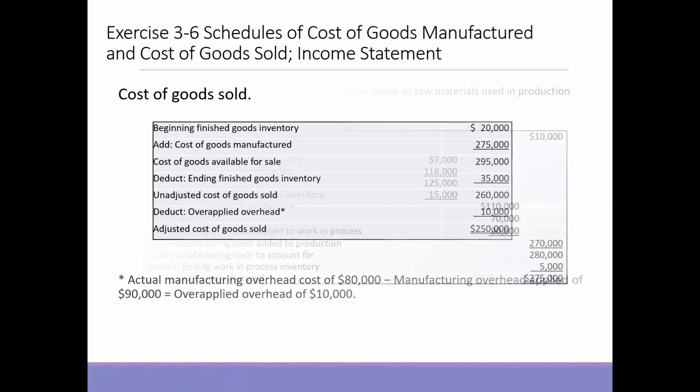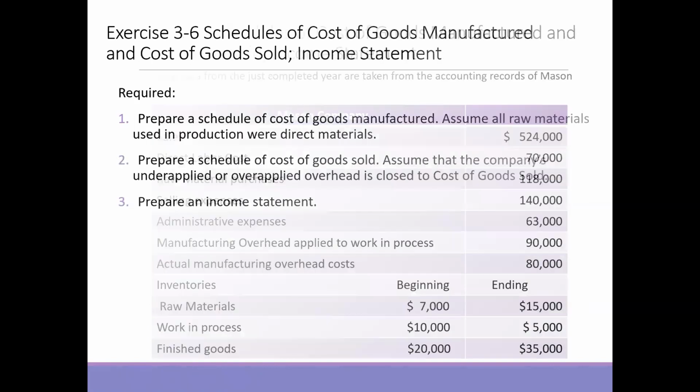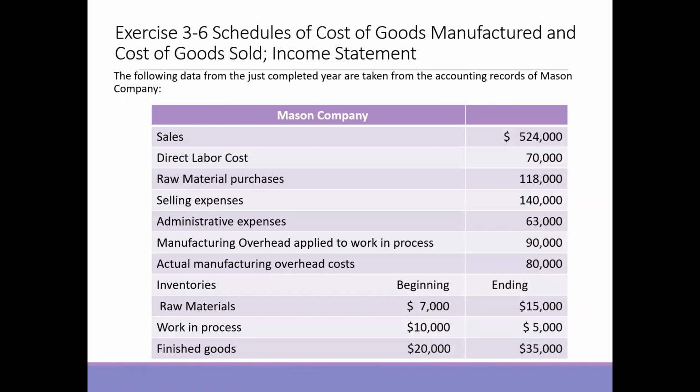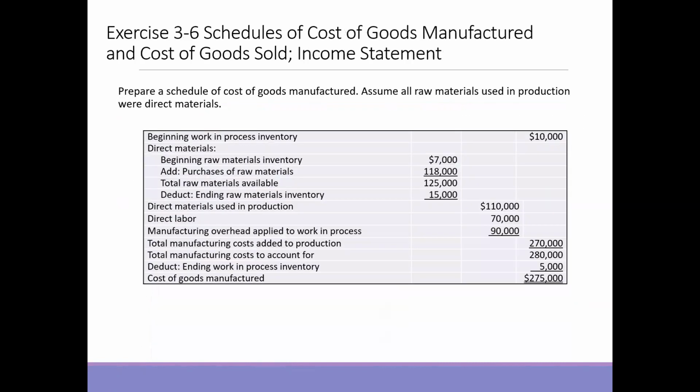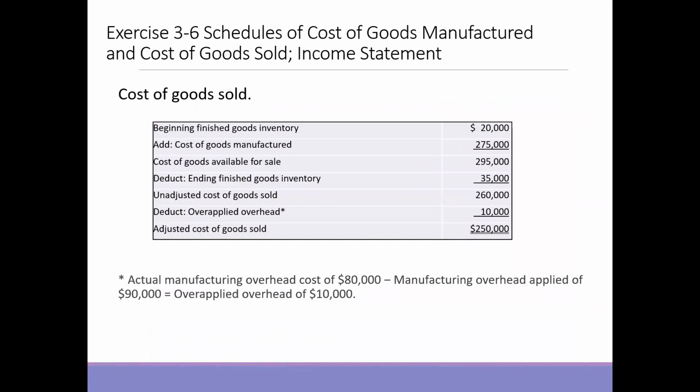Now, let's go back here and see our finished goods. Do you see we started with 20 and we ended with 35? See that? So what we're going to do here is start with beginning finished goods inventory of 20. We brought in 275 because that's what was actually manufactured.